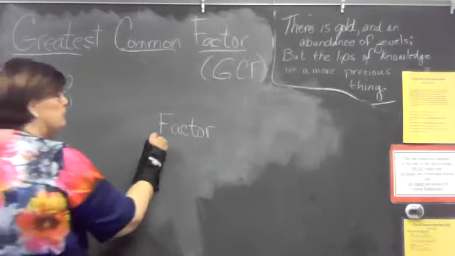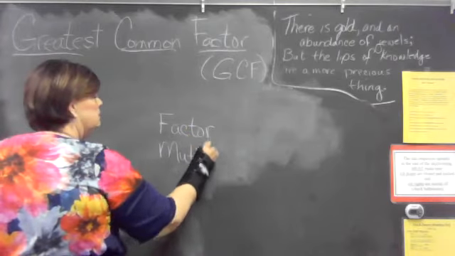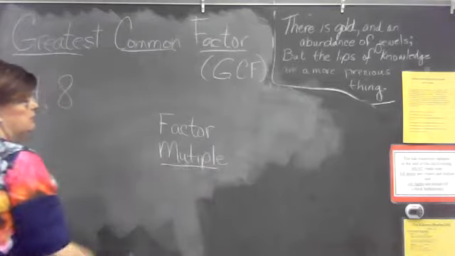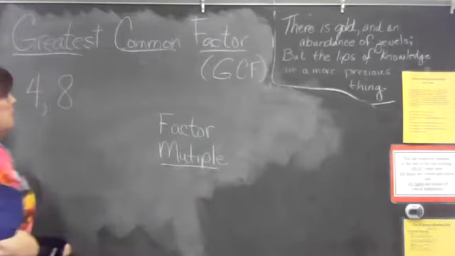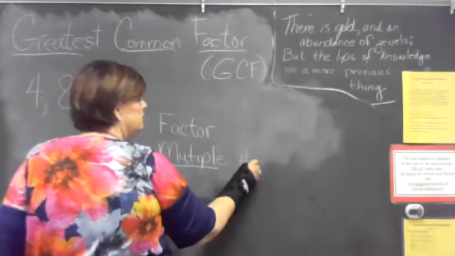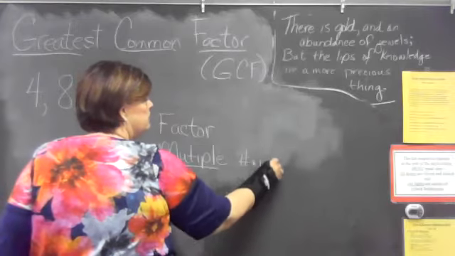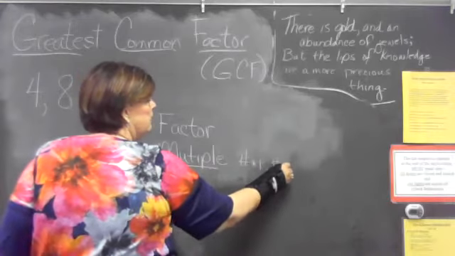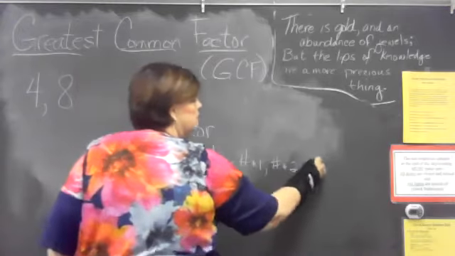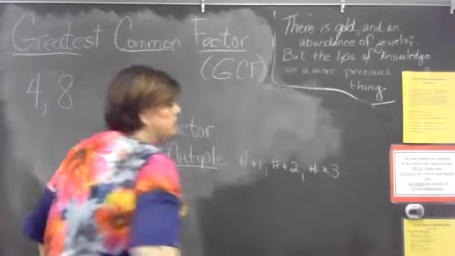The difference between factor and multiple is that a multiple takes a number times 1, and then the same number times 2, and then the same number times 3, and so on, okay?